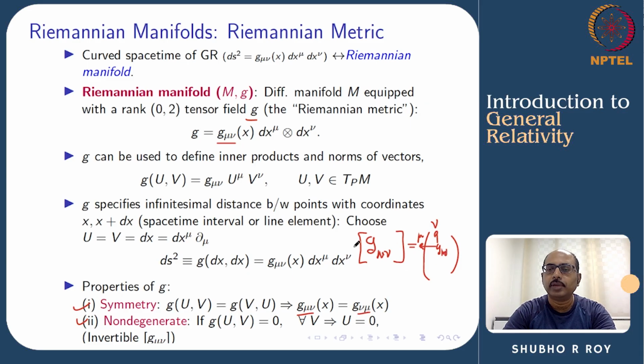So it's a matrix whose mu-th row, nu-th column element is g mu nu. Then this first condition means this is a symmetric tensor, so its transpose will be the same as itself.